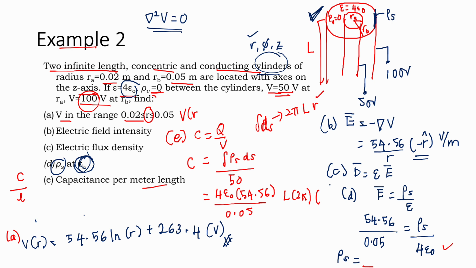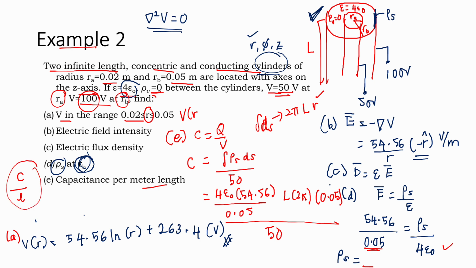Which R should we choose, RA or RB? We have to look back at the rho S. The rho S that we have taken is at RB, so our R should be 0.05. All divided by 50.